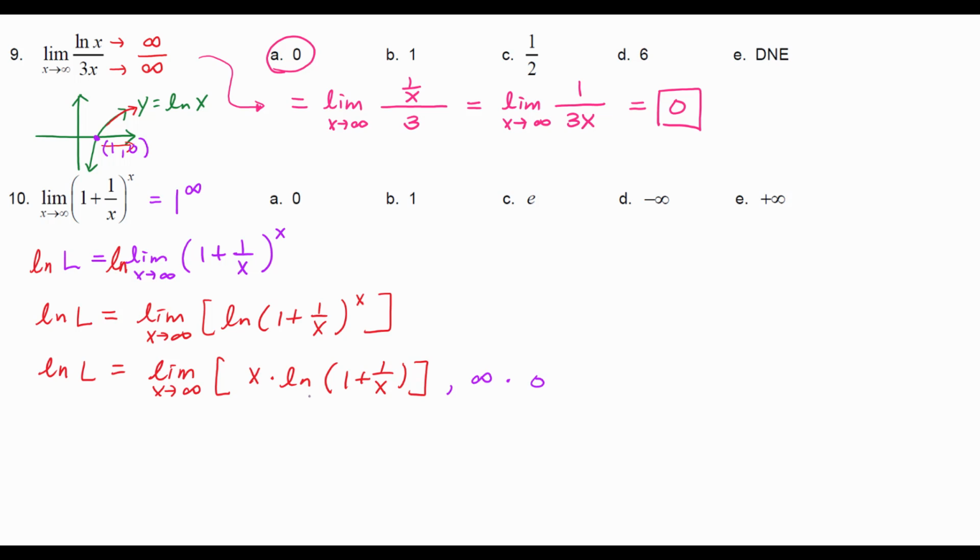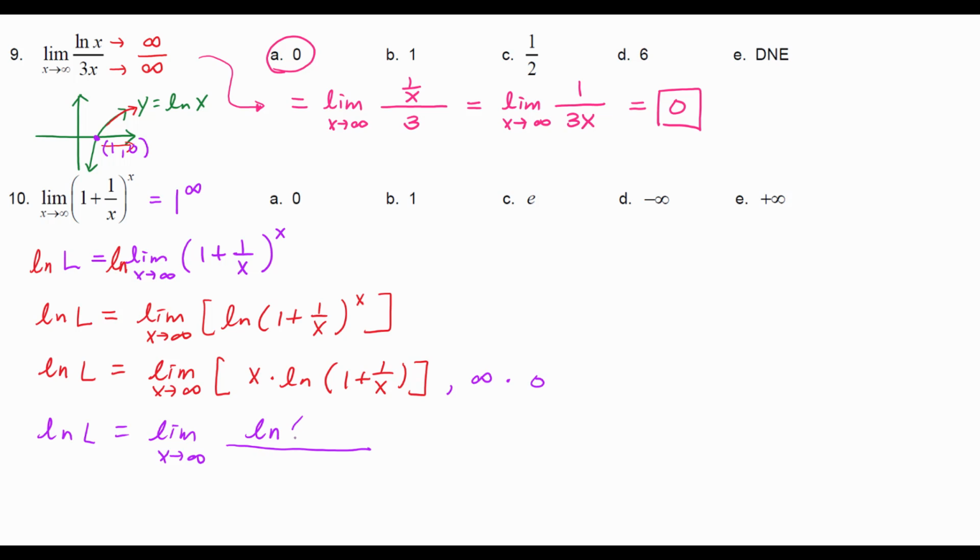Why 0 over 0? Because we would like to leave the ln(1 + 1/x) in the numerator so that it will be easier to take the derivative of. So we're going to rewrite this as ln L equals the limit as x approaches infinity of, let's write it as a fraction, so we can have a 0 over 0.